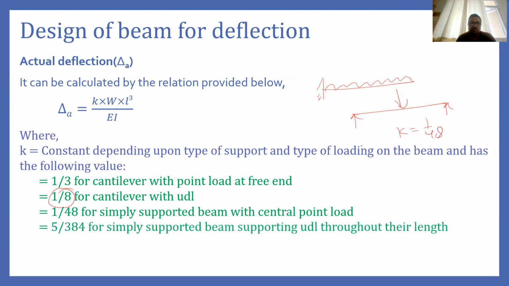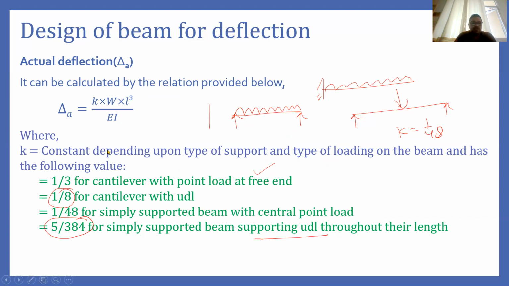If we have a simply supported beam supporting the UDL over the whole span, which is the common case we generally encounter, the value of K will be 5 by 384. So these are some of the common cases for which this K value is given.